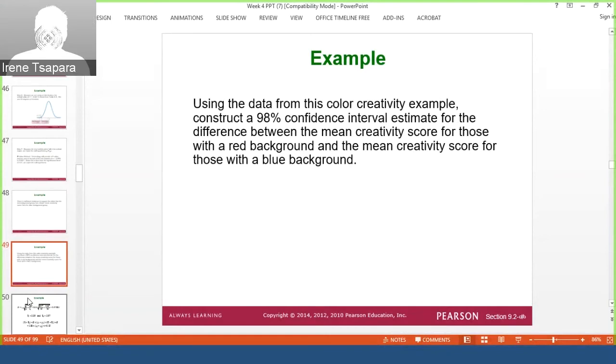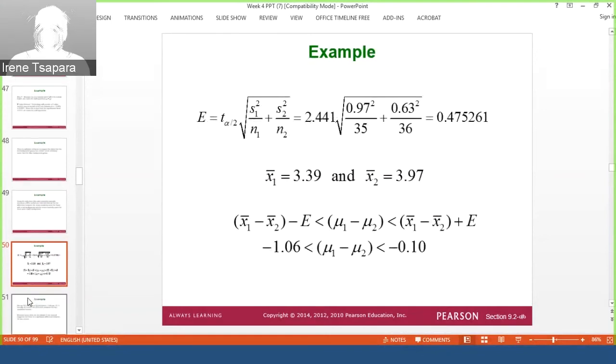In the same way, we can also construct a 98% confidence interval. We calculate the margin of error, and we subtract it from the difference of the point estimates, and we add it to the difference of the point estimates. The result will be from negative 1.06 to negative 0.10.